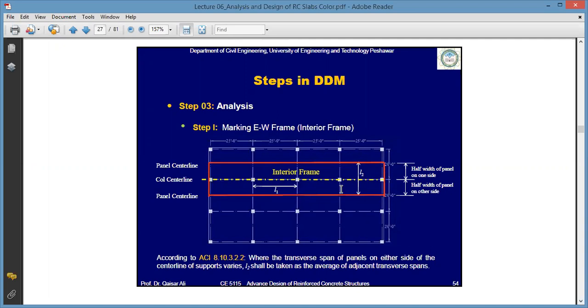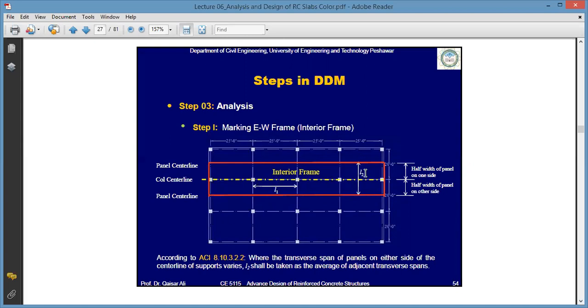So these two lines are clear, and here is the interior column center line. Now within this interior frame, this length, the width of the frame, is L2, and remember all the dimensions we take vertically are along the north-south direction.